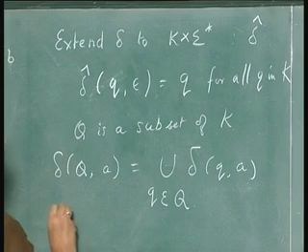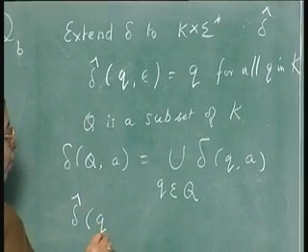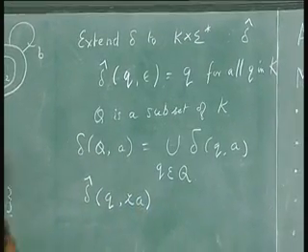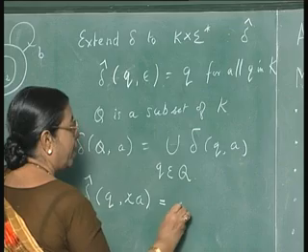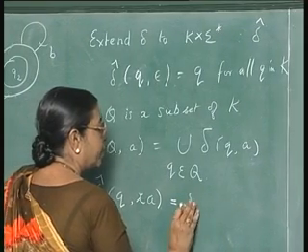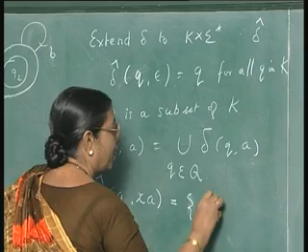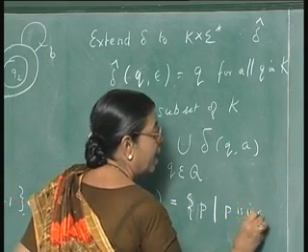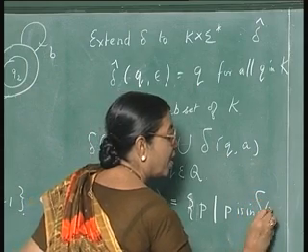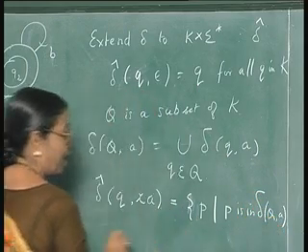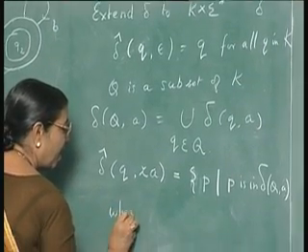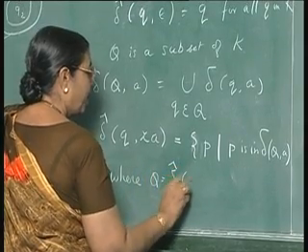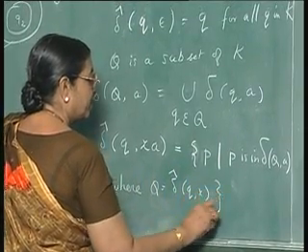Now, how do you define delta cap of q, xa, a string? That is equal to the set of states P of the form P is in delta of Q, a, where Q is equal to delta cap of q, x.